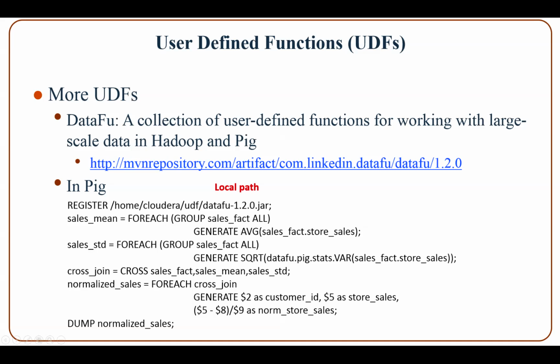And then the next one walks through each record and generates the customer ID, store sales, as well as the normalized values for store sales in a separate field, and then dumps everything in normalized sales to the screen.